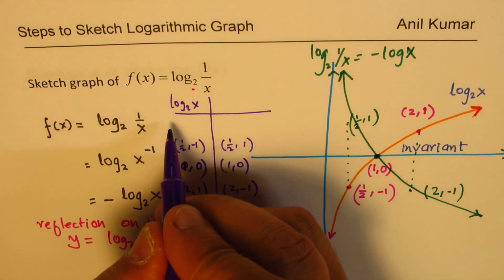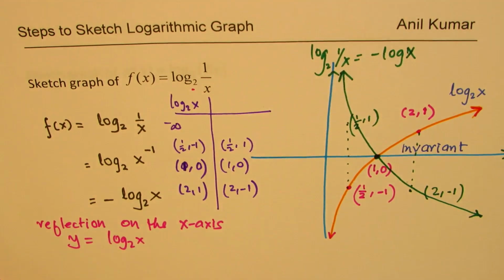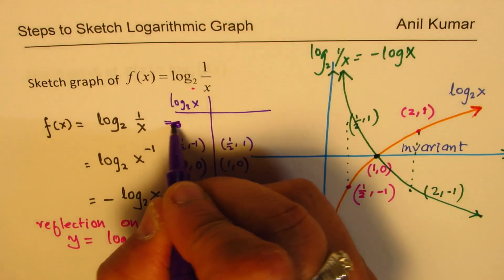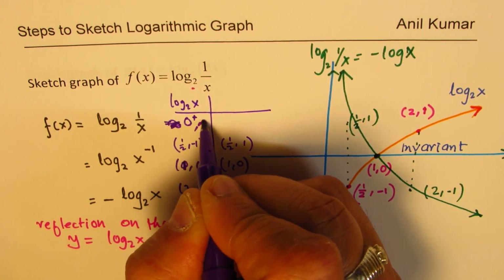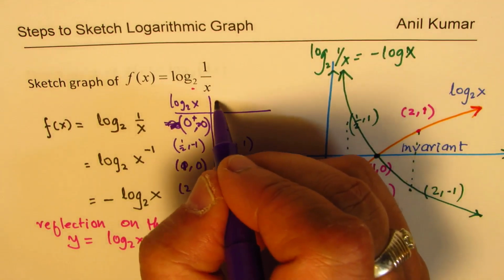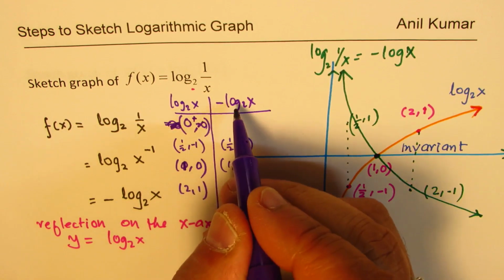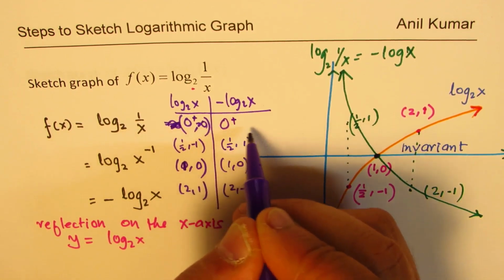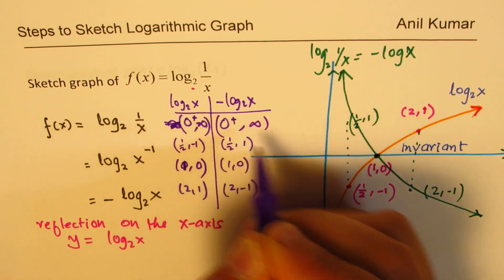The other point here was when x is approaching 0 from the positive side, y approaches negative infinity. Correct? When you are going to reflect, that is minus of log to the base 2 of x, this becomes negative, right? So when you're approaching 0 from the right side, the y value is approaching positive infinity.